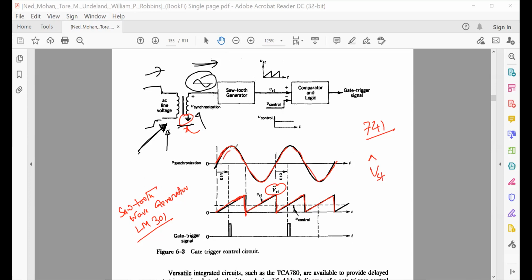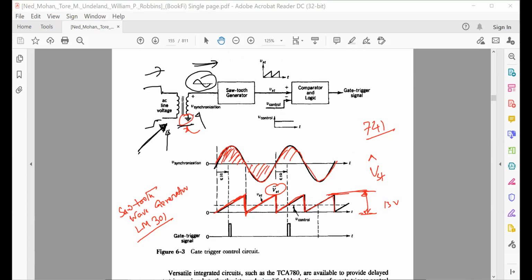So when there is a positive half cycle, 0 to pi, there will be a sawtooth wave like this. And if there is a negative, there will be a sawtooth wave like this. And for the positive, there will be a sawtooth. And what is the maximum voltage you can get from the op-amp circuit? 15 volt. Okay.